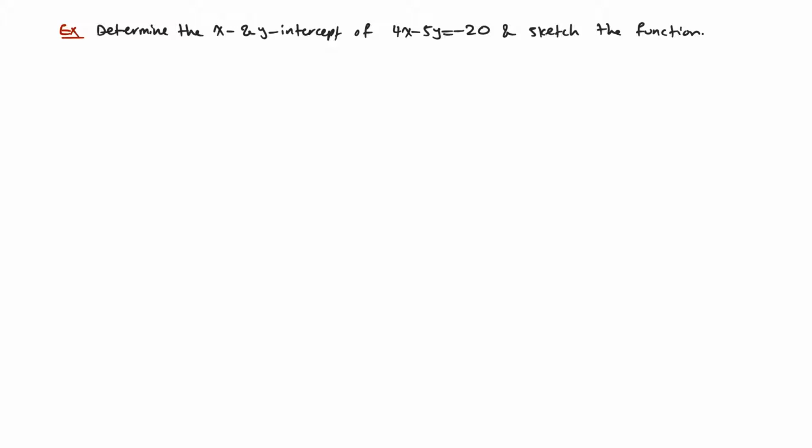Let's do one final example for this lesson. This question tells us to determine the x and y intercept of this line over here, 4x minus 5y is equal to negative 20, and sketch the function.